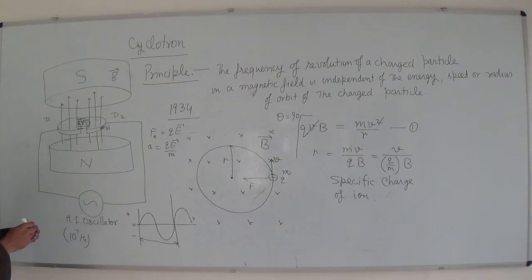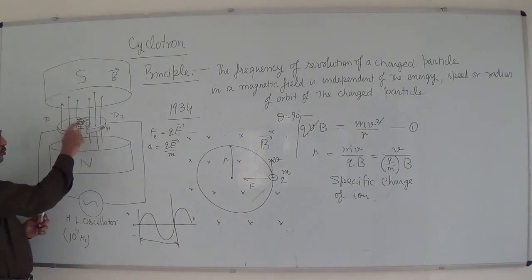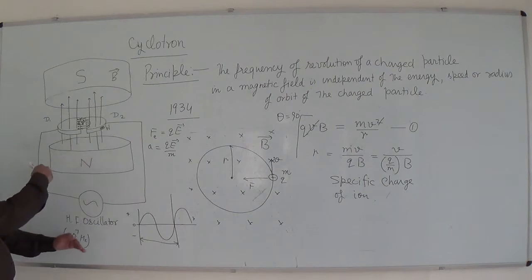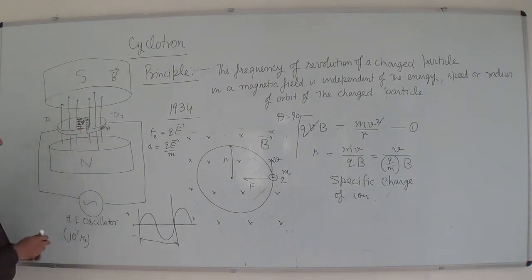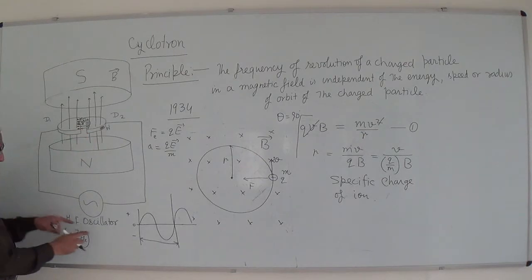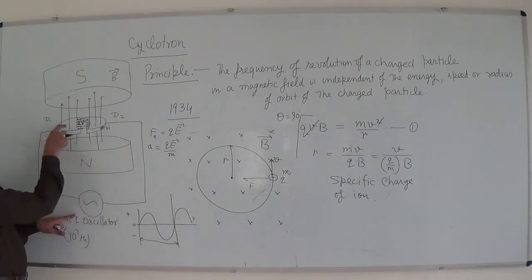And again, when this ion completes the semicircle and reaches up to here, the oscillator basically changes its polarity, and now this becomes positive and this becomes negative. So at this point, when it reaches here, the oscillator changes its polarity.